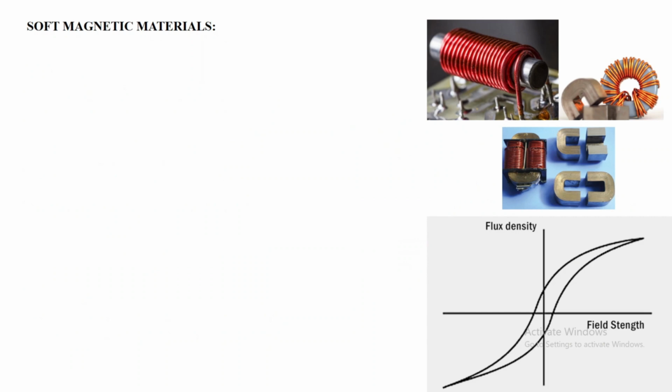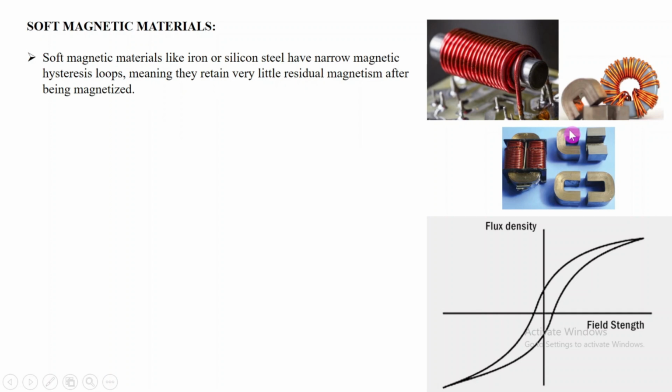Now, the difference between the soft magnetic material and the hard one. We mostly use iron as a soft magnetic material, inside this coil. For soft magnetic material, the hysteresis loop is very thin, meaning a very small amount of magnetic field is retained if we zero the external force.